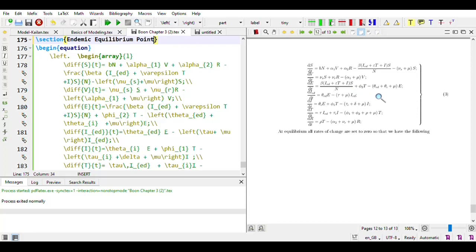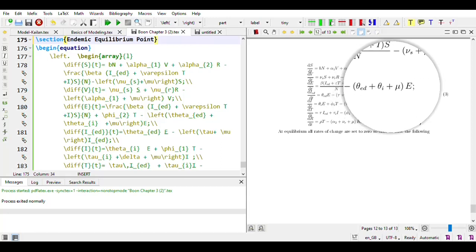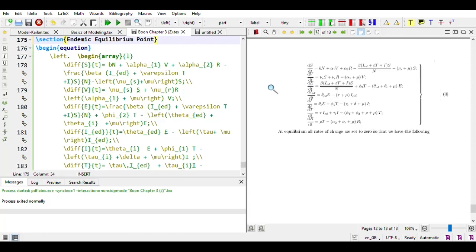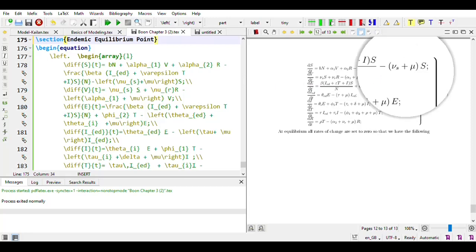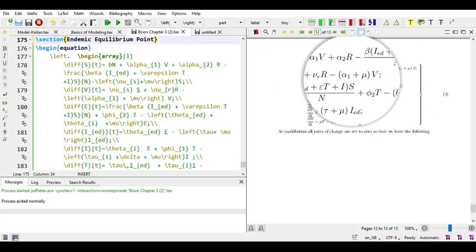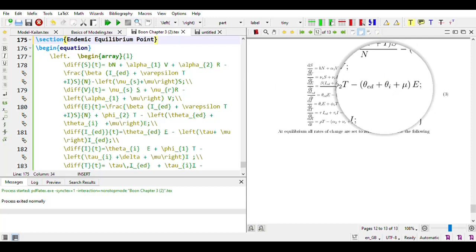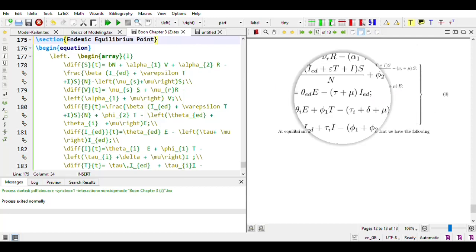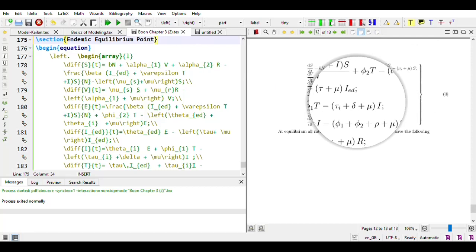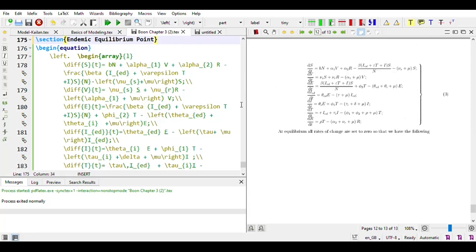For example, we could set theta_ed plus theta_I plus mu to a single parameter, let's say k1. So going forward, we are just going to set mu_s plus mu to maybe k1, alpha1 plus mu to k2, then this expression to k3, this one to k4, tau plus mu to k4, and tau_I plus delta plus mu to k5, in that order.